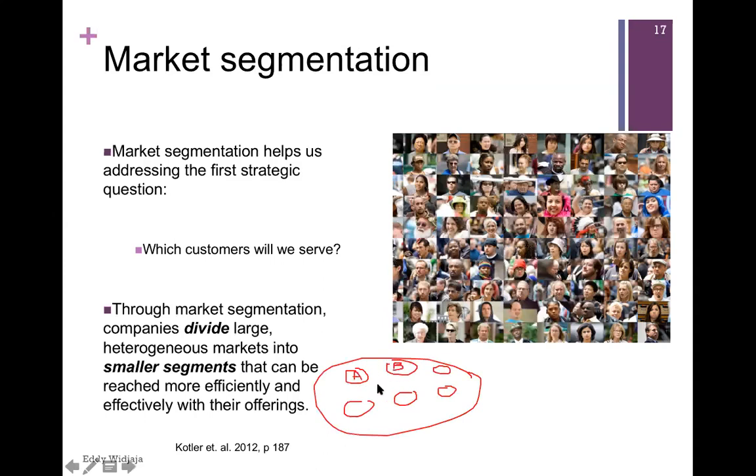The members in one segment, like segment A, should share similar characteristics. And if we compare the members of segment A to segment B, they should be different. Otherwise, there is no reason why we put them into two different market segments. So that's the logic behind segmentation.